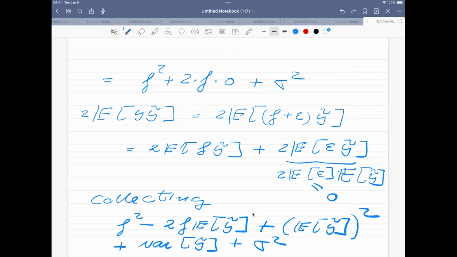So this is essentially the solution to the exercise next week with the assumptions we are making.